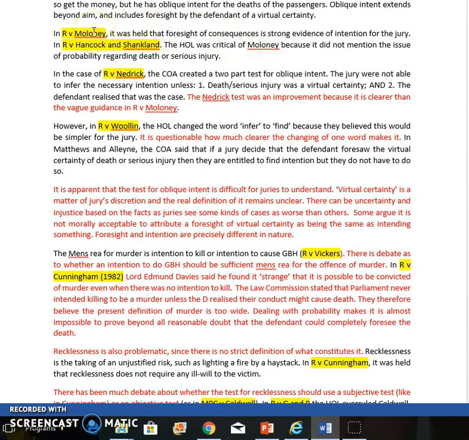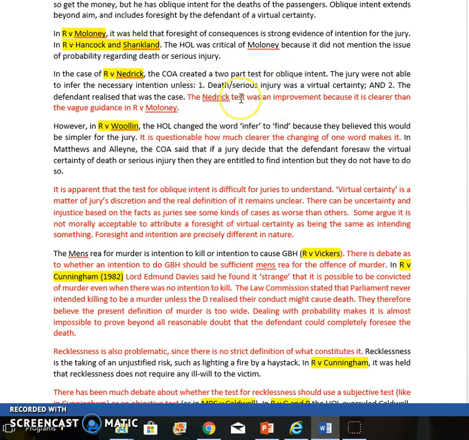So I've got my ratio in Maloney and Shankland and then Nedrick. And of course, Nedrick, very important here because it created a two-part test for oblique intent. And I've given that test there. Death or serious injury was a virtual certainty, and the defendant realised that.